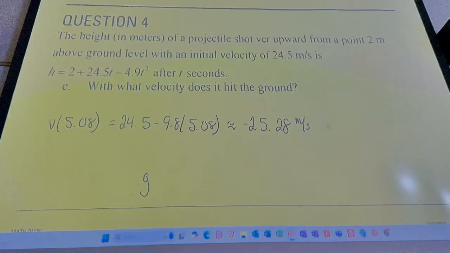Three: gas pedal, brake pedal, and your steering wheel. Velocity has a direction. If you turn, you're changing the direction of velocity, hence you have acceleration.